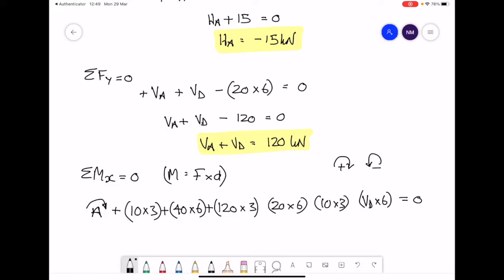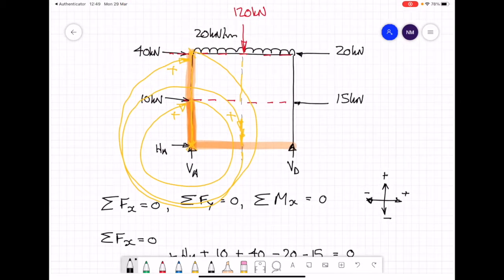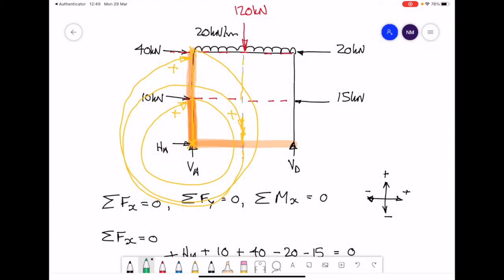Now consider the next three moments. The 20 kilonewtons, if that were on a piece of string and allowed to freely rotate, so you hold the string again at point A, how would the 20 kilonewtons want to rotate around point A? It would want to rotate around in an anti-clockwise direction, therefore is negative.